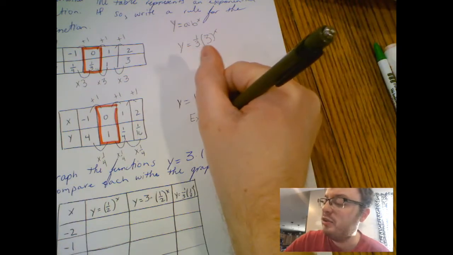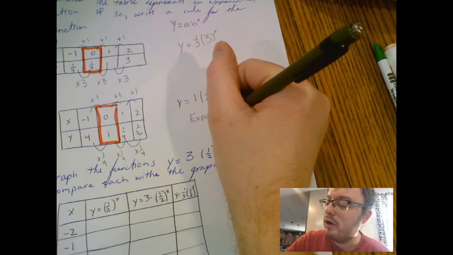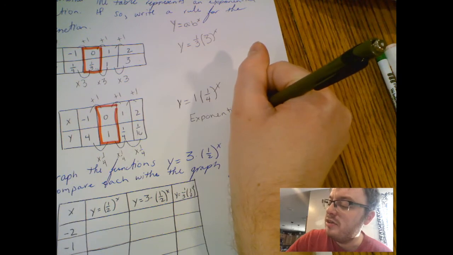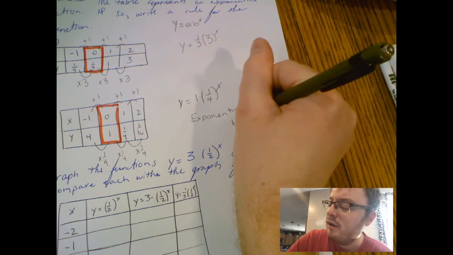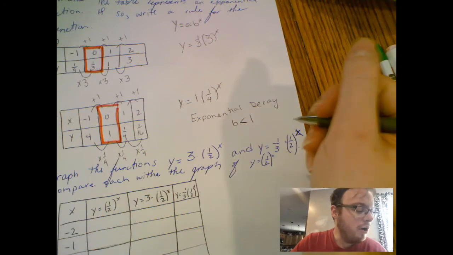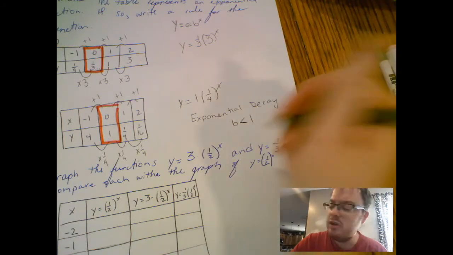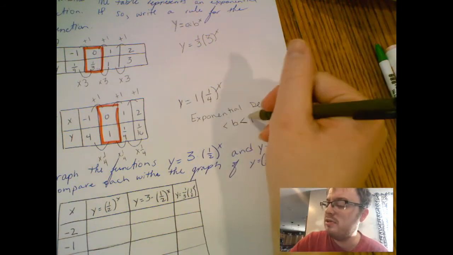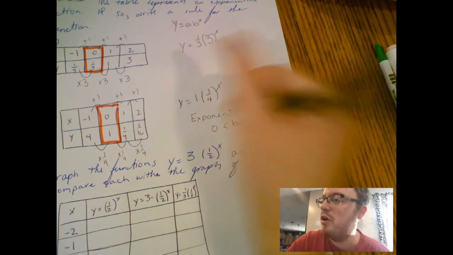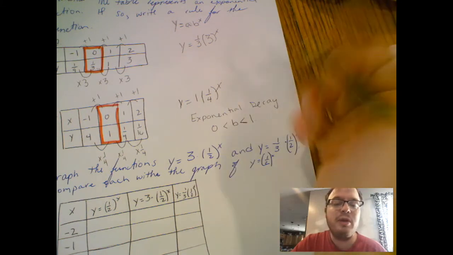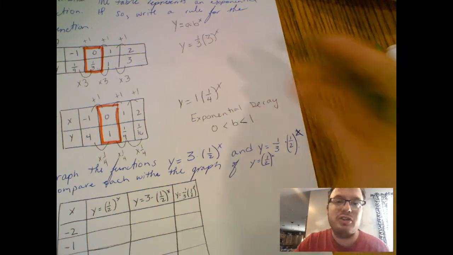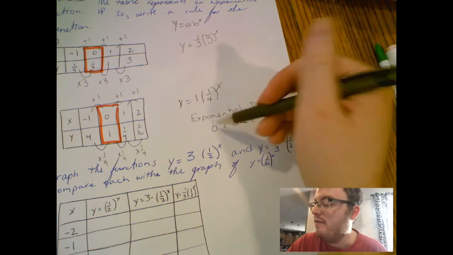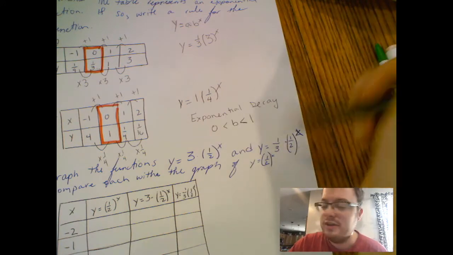Exponential decay occurs when we have a b value that is less than 1, but it also has to be greater than 0, because we've already talked about what happens when it is equal to 0: it's just going to be 0 all the time. We can also see what happens when a b value is negative, and I'll show you that in this next example.